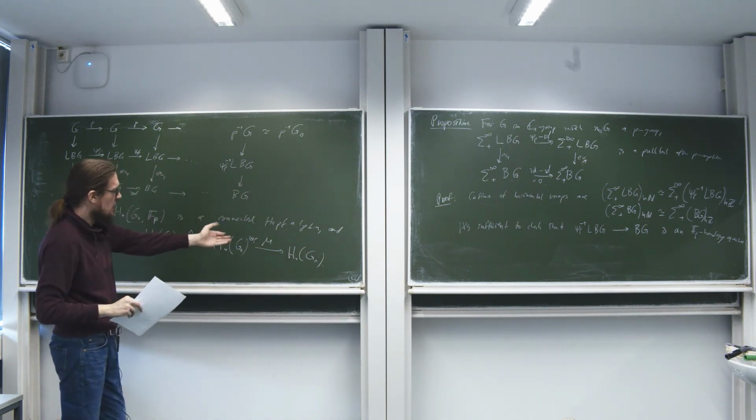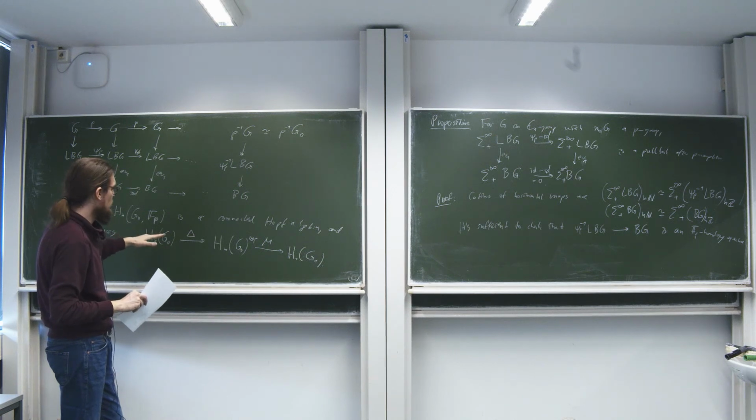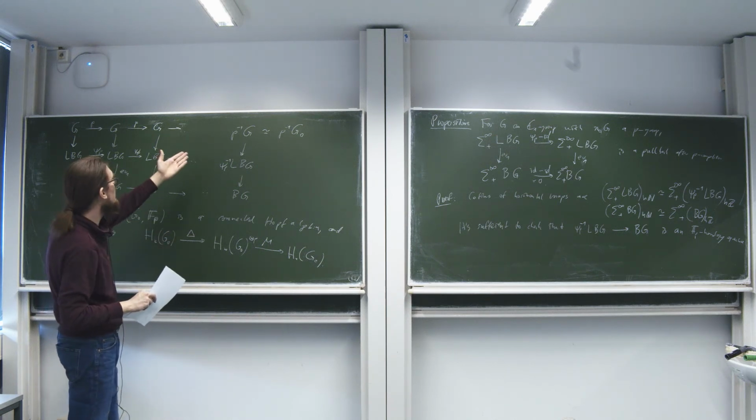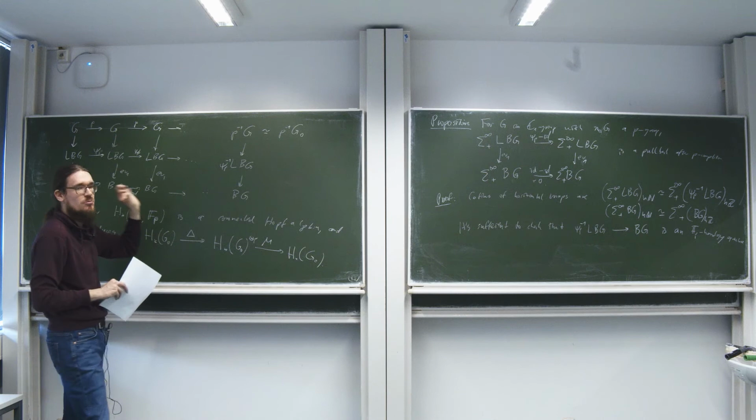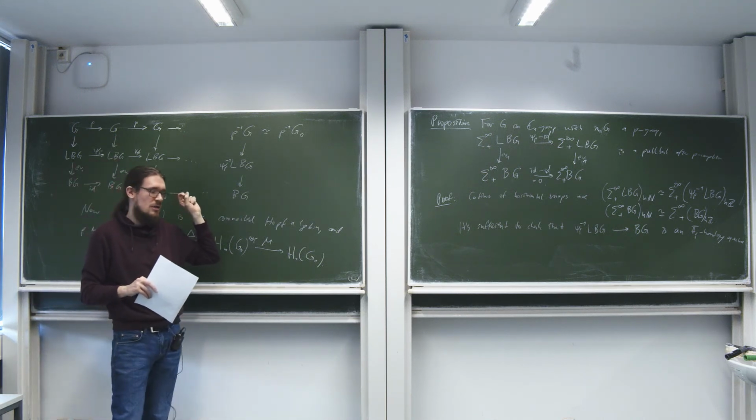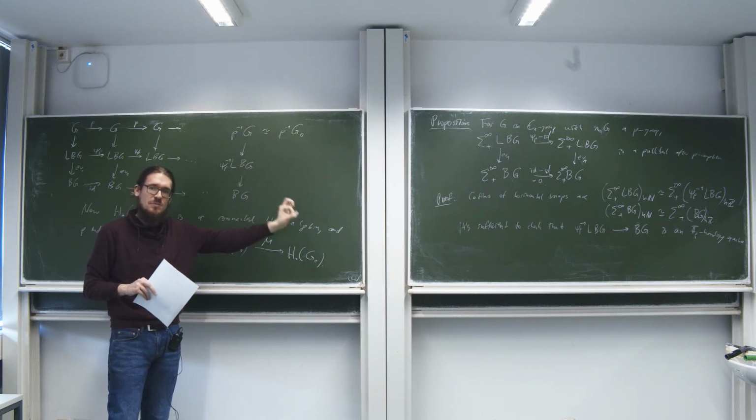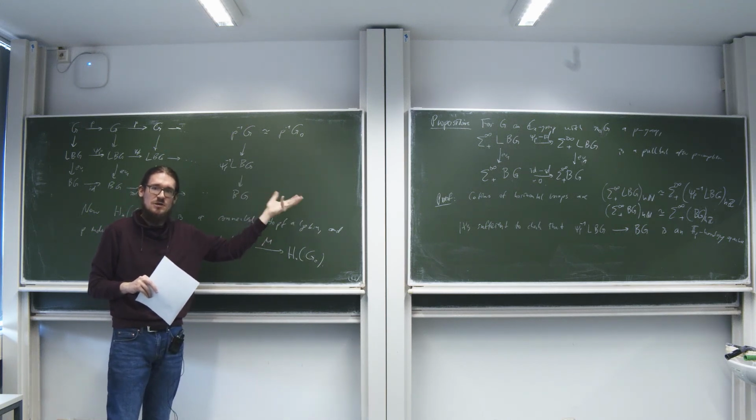This is basically just using the fact that we can write the multiplication by P map as a composite of the diagonal on spaces and then the group multiplication.